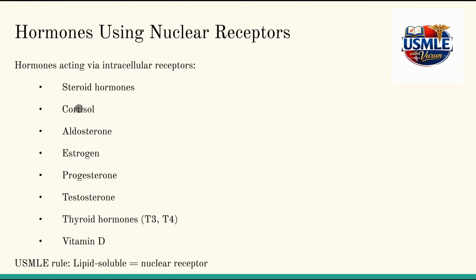Hormones using nuclear receptors include all the steroid hormones like cortisol, aldosterone, estrogen, progesterone, testosterone, and thyroid hormones like T3 and T4, and vitamin D also acts via nuclear receptors. All these are lipid soluble. Though thyroid hormones are more like amine hormones, they act more like steroid hormones.